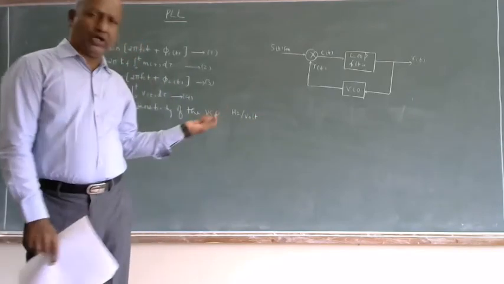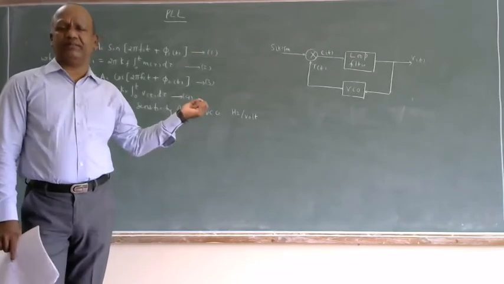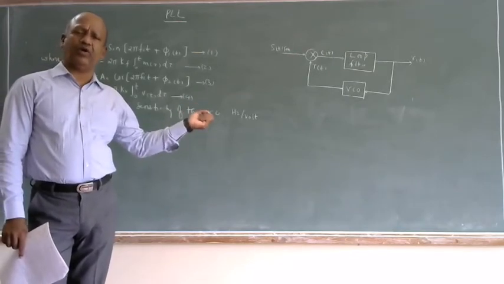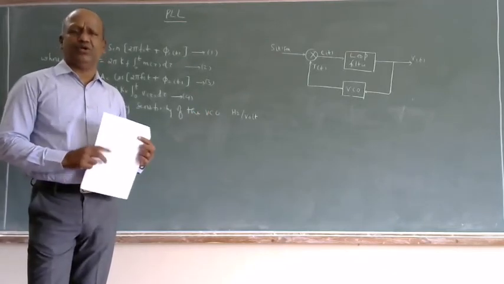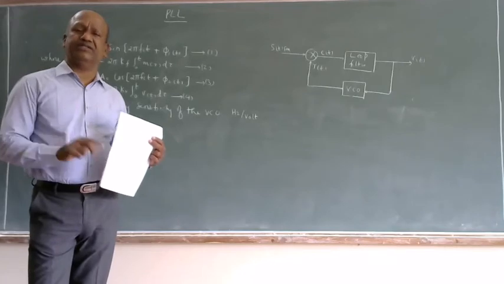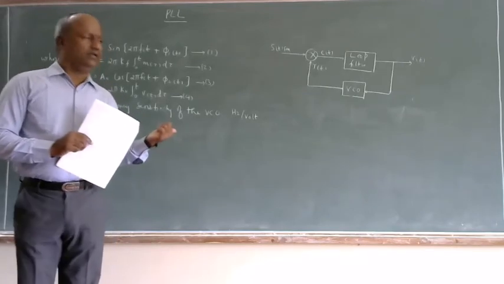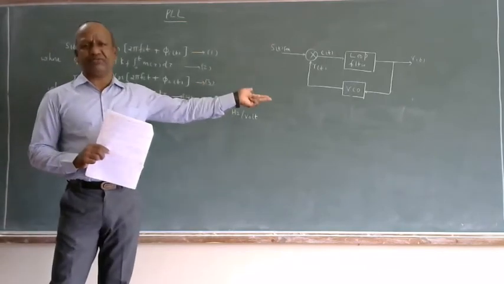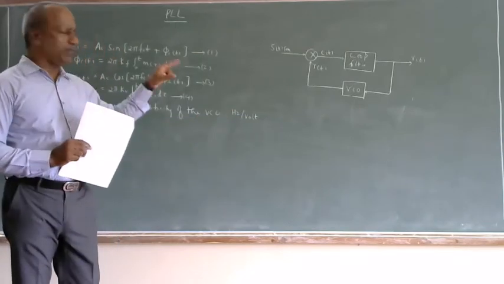Once I model it, I can analyze what particular role the PLL is going to perform under a particular condition. It is not doing one operation in all conditions. Depending upon the conditions of the signal, or the devices I am using in the PLL, it is going to perform different operations. A number of operations I can implement.